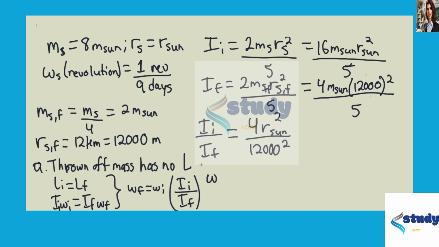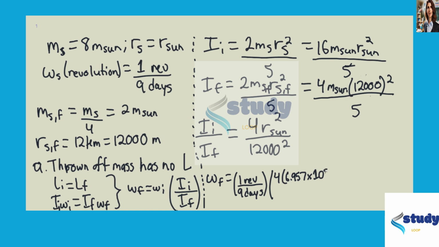So at that point, omega final equals 1 revolution in 9 days times 4 times the radius of the sun, 6.957 times 10 to the 8th squared divided by 12,000 squared.